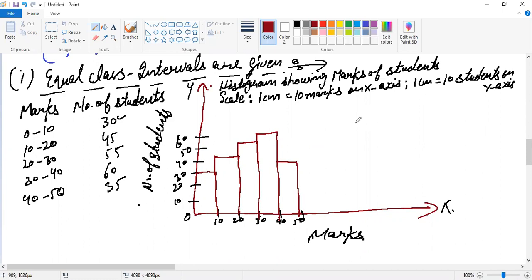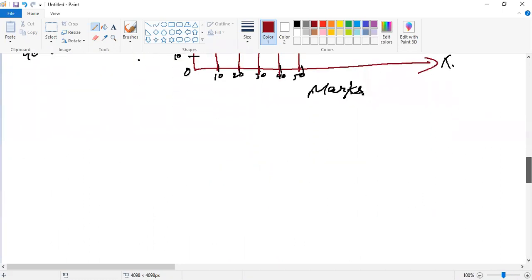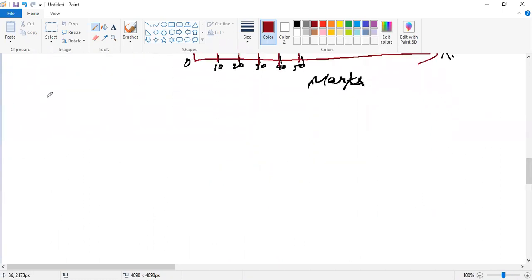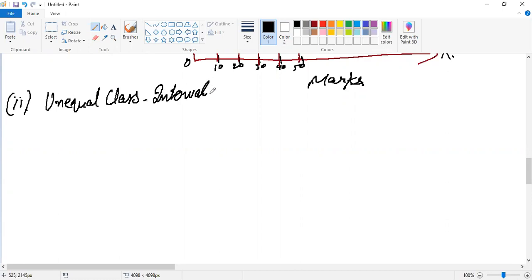Clear? Now the next is unequal class intervals. The second case is when unequal class intervals are given.